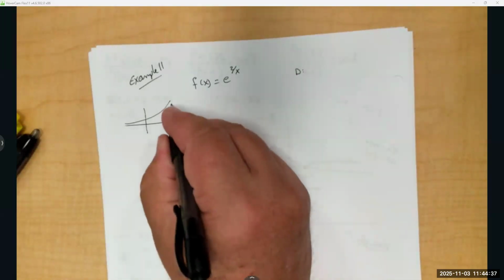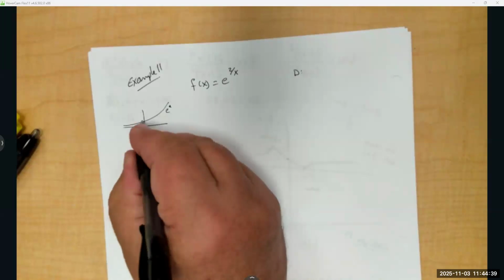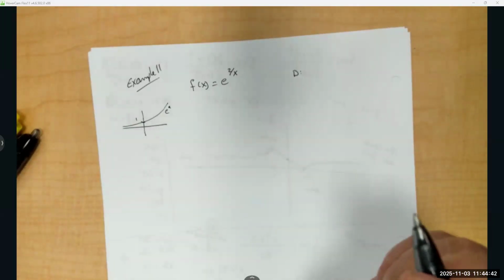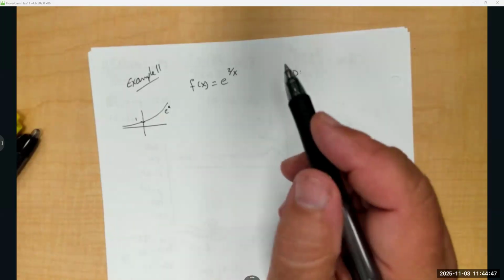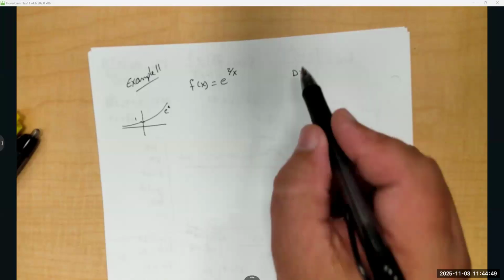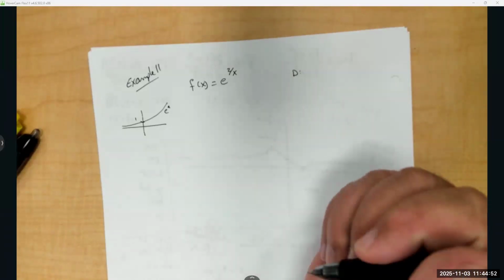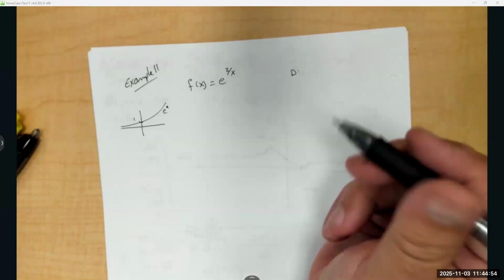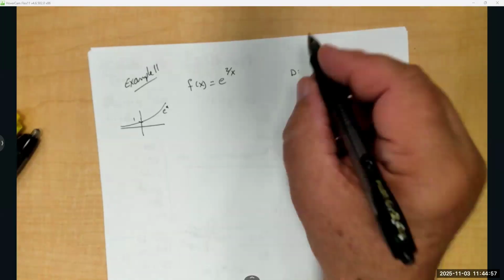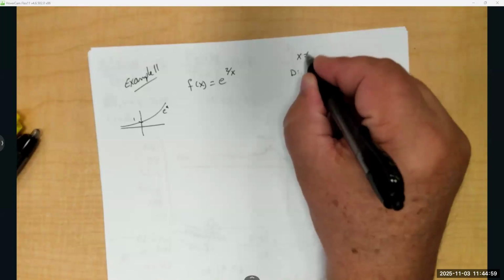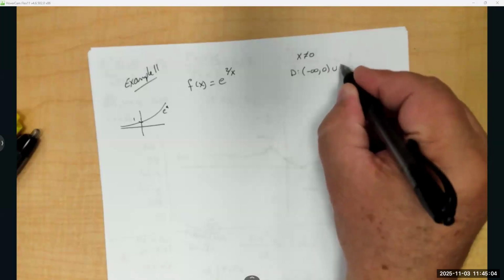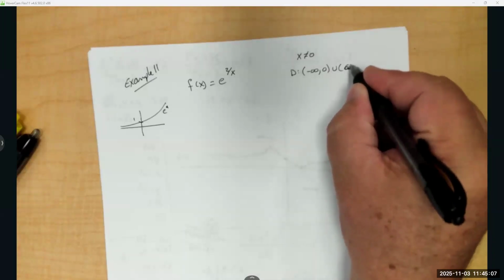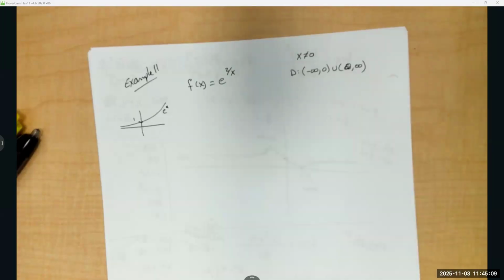E to the power a. It crosses at 1. But since our exponent is a rational expression, our domain now changes. What can x not be? X cannot be 0. So our domain has now changed to exclude the x value.